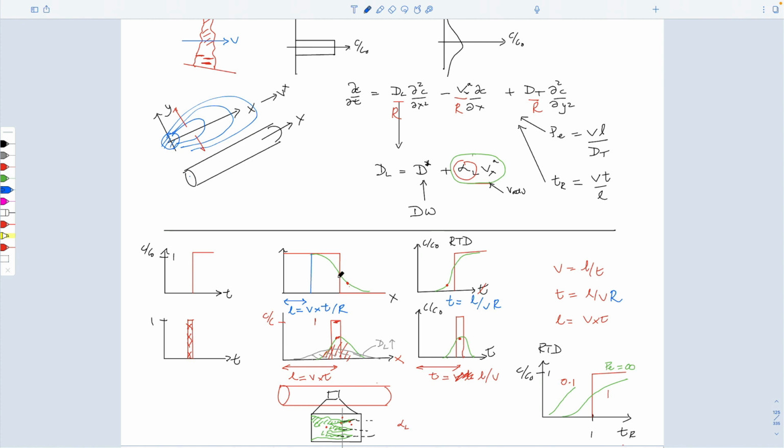So if you take a snapshot at a given time, this would be a conservative plume arrival. This would be a retarded plume arrival. If we look at the residence time distribution, then the arrival would be retarded.